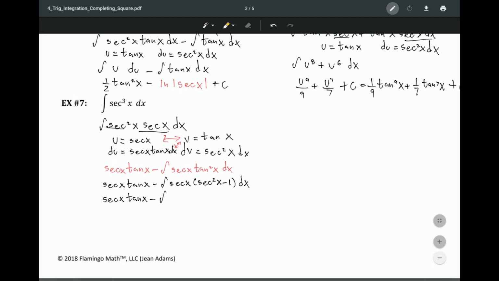So this would be the integral of secant cubed of x, and this minus will make this dx. I'm going to go ahead and split that up. Plus the secant. So again, that negative right there is going to make that a positive.